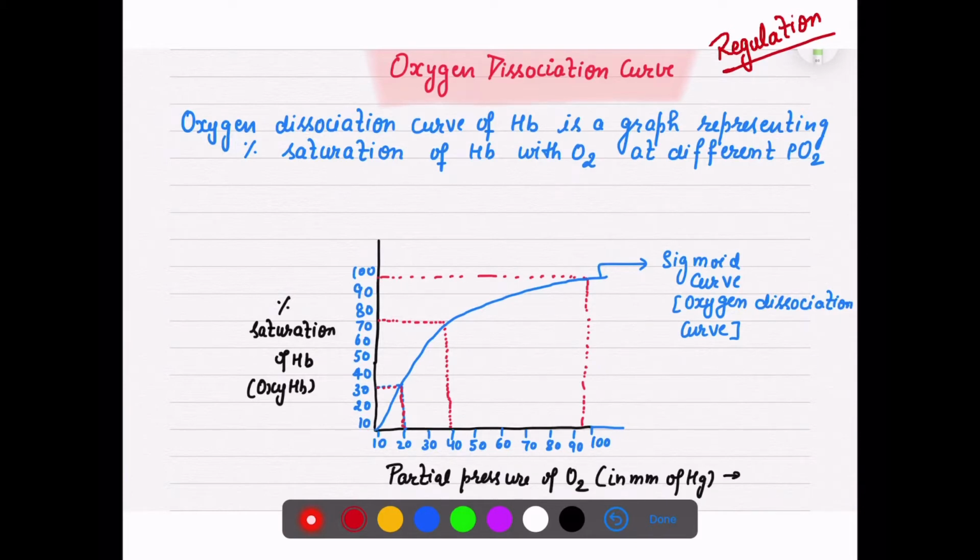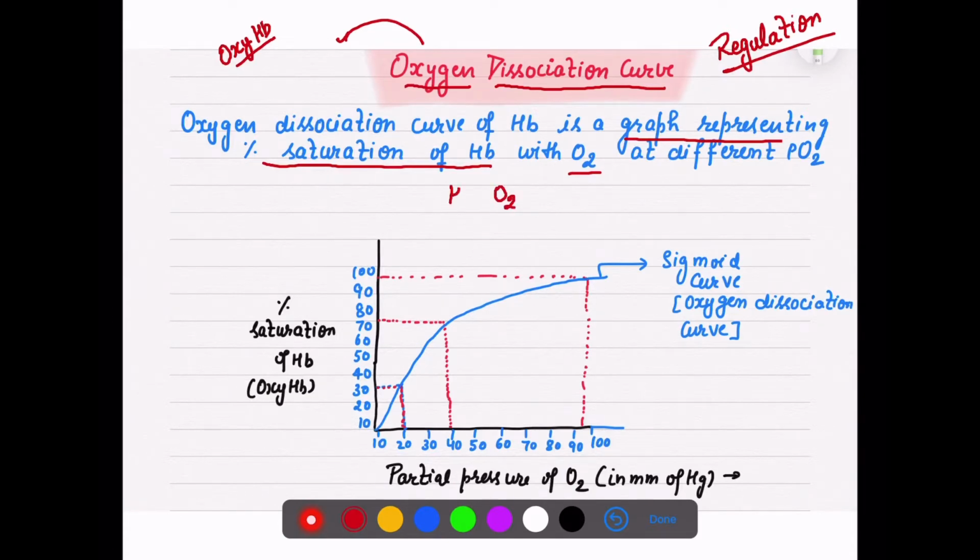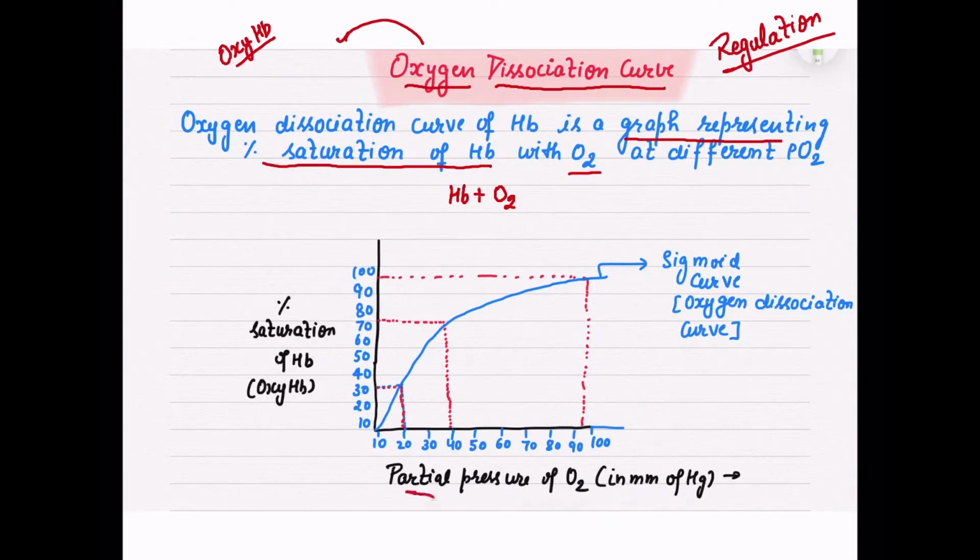Oxygen dissociation curve means we are going to talk about the complex which is formed in our respiration during the exchange of gases, that is the oxyhemoglobin complex, right? So what is the oxygen dissociation curve? It is basically a graph representing the percentage of saturation of hemoglobin with oxygen, means how much percentage of hemoglobin is going to combine with oxygen, measured according to the partial pressure.